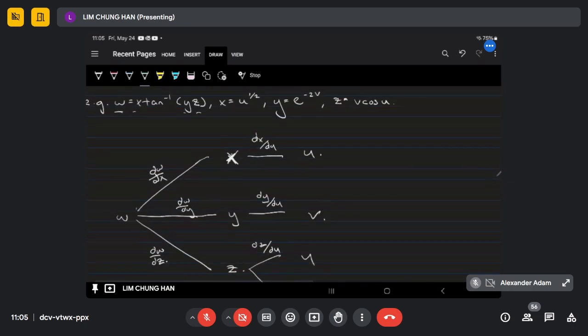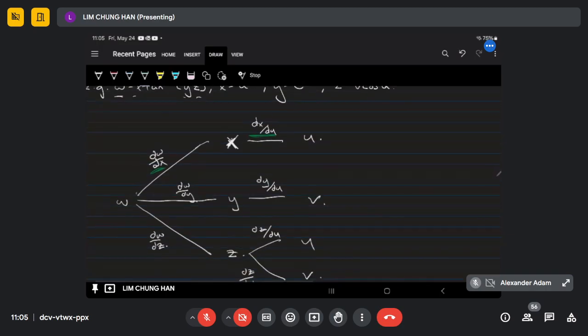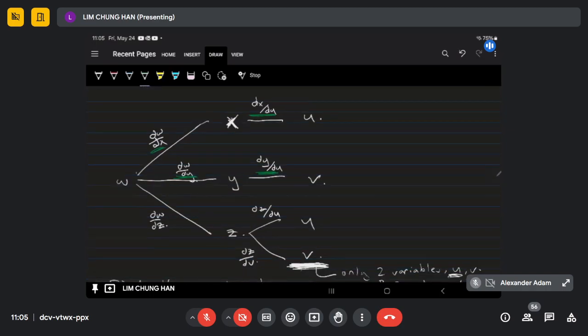So we have a u here, so we need to take this. We have a u here, so we have to multiply with this. We also have a u here, we have to multiply with this. So there's three things to multiply: dw dx, dx du, dw dy, dy du, dw dz, dz du.